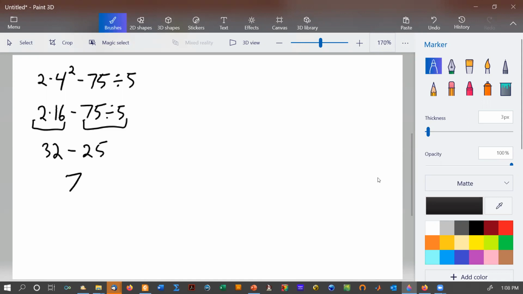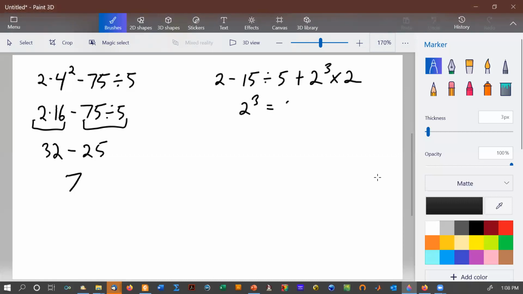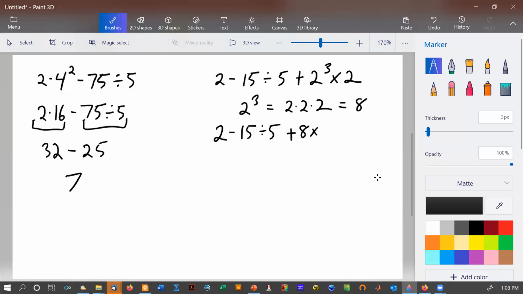Okay. So let's do another one. Let's do 2 minus 15 divided by 5 plus 2 cubed times 2. Again, you're going to do exponentiation first. Remember, 2 cubed is equal to 2 times 2 times 2, which is equal to 8. So this is 2 minus 15 divided by 5 plus 8 times 2.